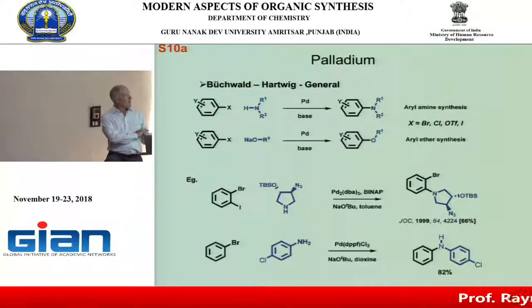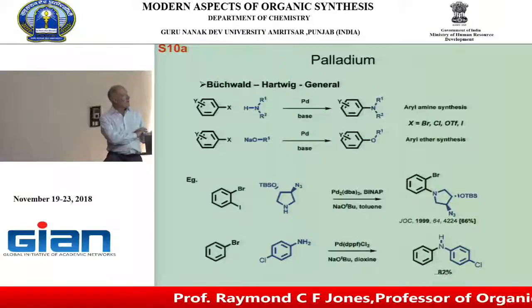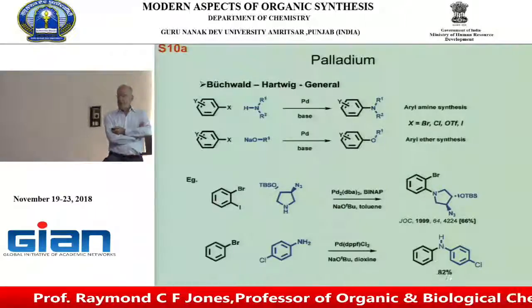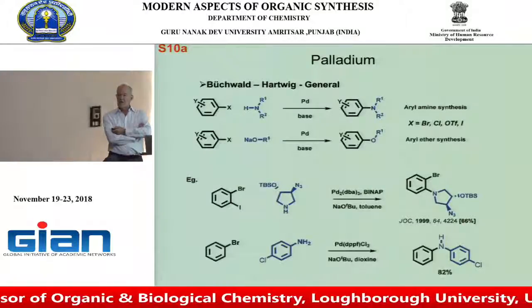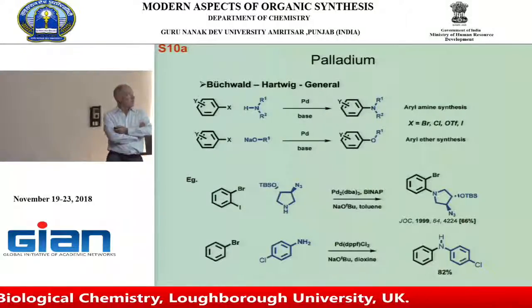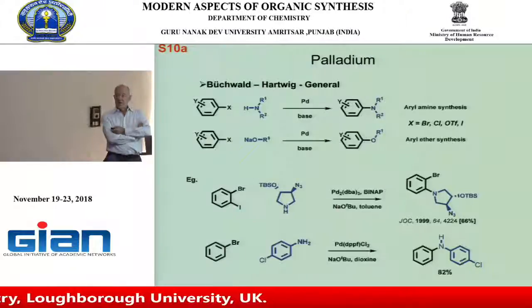So this is about doing effectively nucleophilic substitutions on a benzene ring. Now you should know that you can't normally do that. You normally react benzenes with electrophiles to do substitutions. But this is how do you put in a nitrogen or oxygen heteroatom?